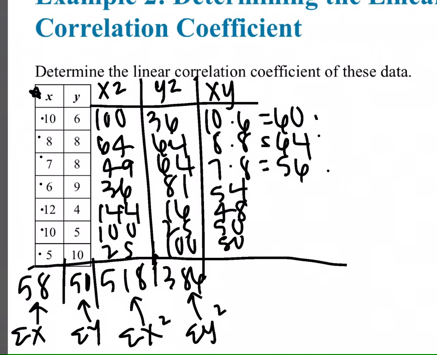We're going to add up every single one of these as well: 60, 64, 56, 54, 48, 50, 50. You will get 382. That is the sum of my x times y.